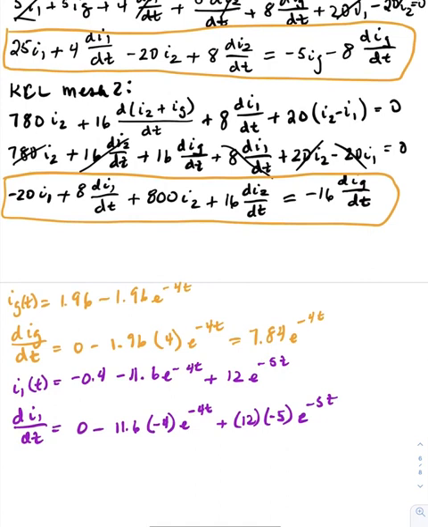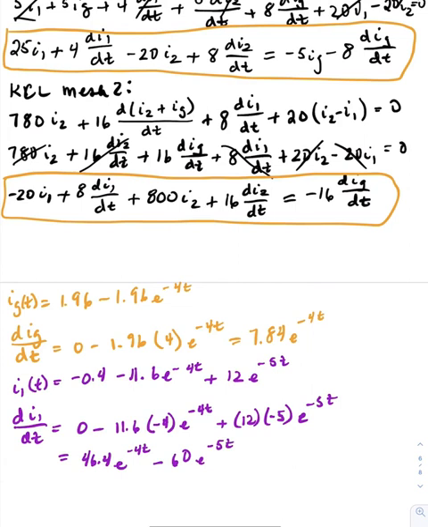So that will give us 46.4 e to the minus 4t minus 60 e to the minus 5t.